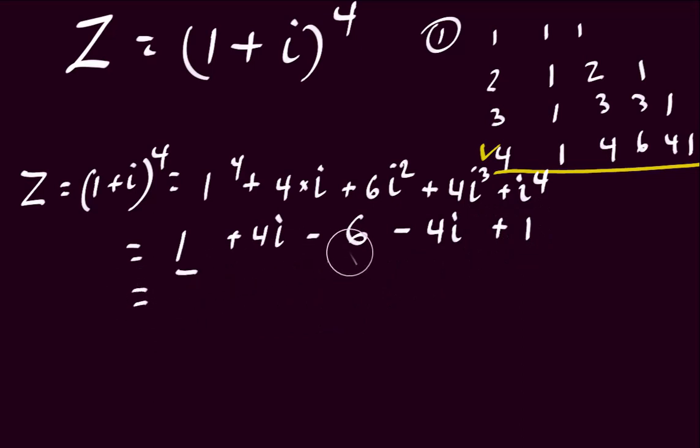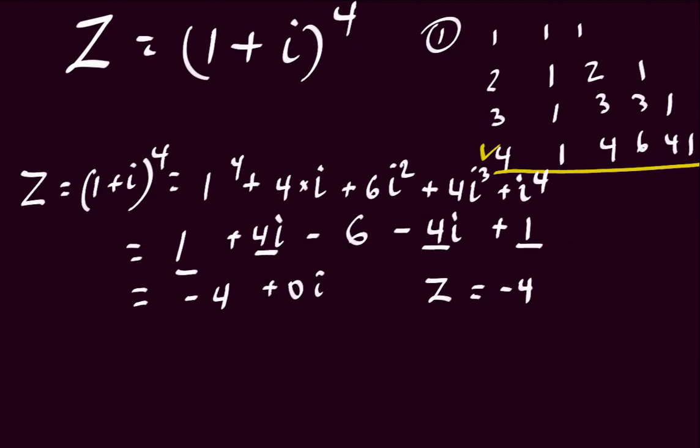We have 1 minus 6 plus 1, which is minus 4. This is the real part of the resulting complex number. And for the imaginary part, we have 4i minus 4i, that makes it 0i. So actually we get just a real number at the end. So z is equal to negative 4.